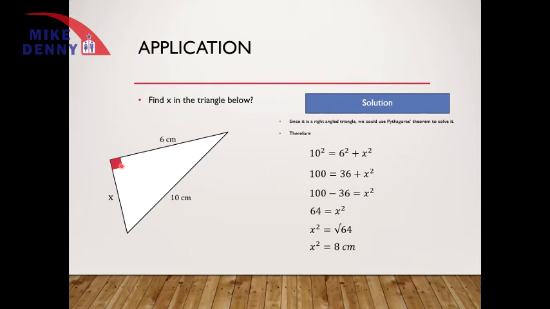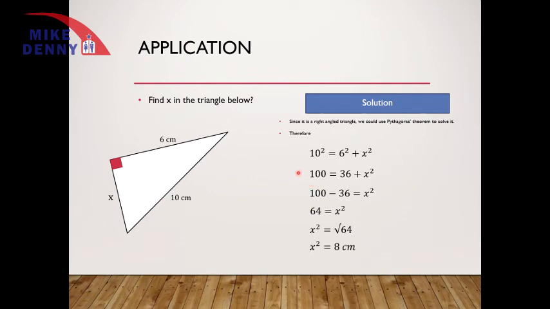So from Pythagoras' theorem, the side opposite the right angle squared equals the sum of the squares of the other two sides. So 10 squared, which is the hypotenuse, should equal 6 squared plus the unknown side, x squared.